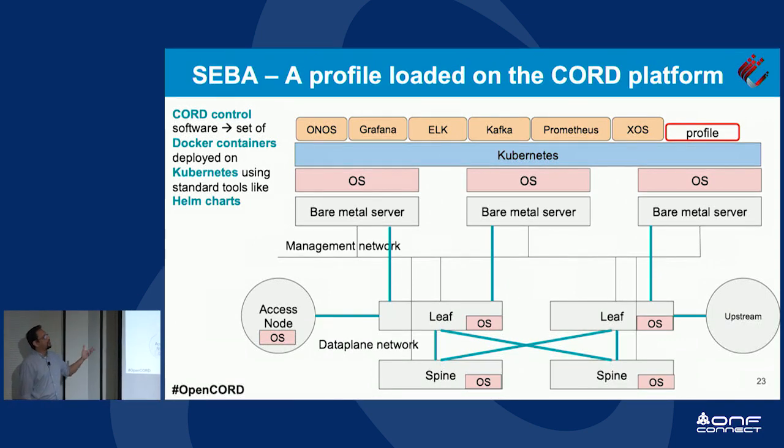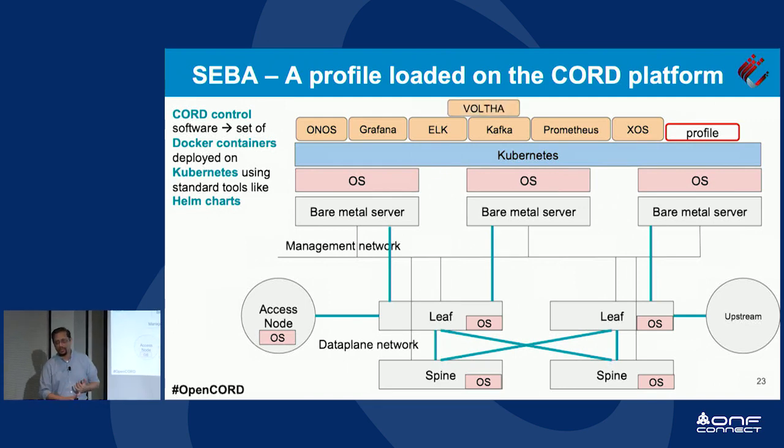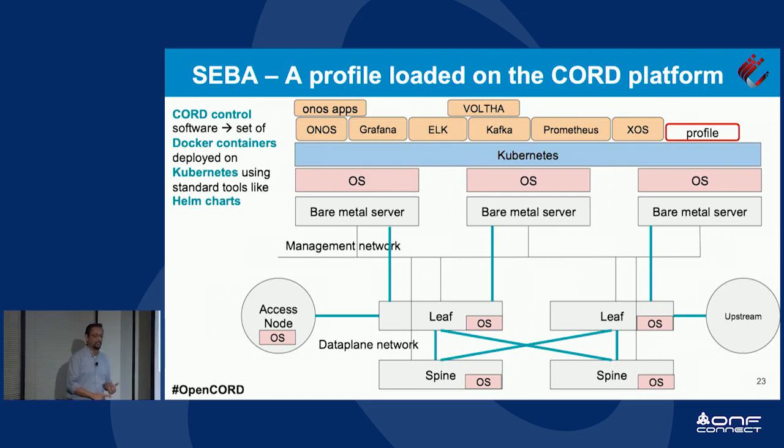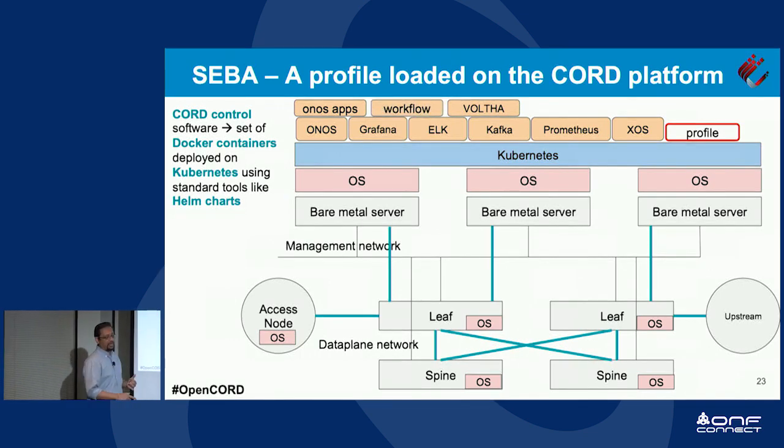And like I said before, SEBA is essentially a profile that runs on top of the CORD platform. It involves the software that is needed to control the PON, so that's VOLTHA. It's got a collection of ONOS applications and XOS services, and finally it's got a workflow, essentially a state machine to manage and orchestrate what happens before something else happens.